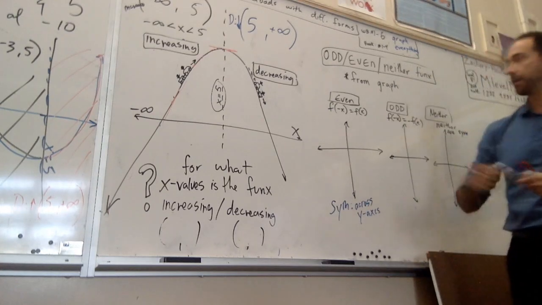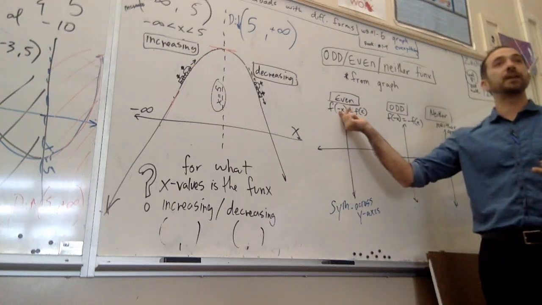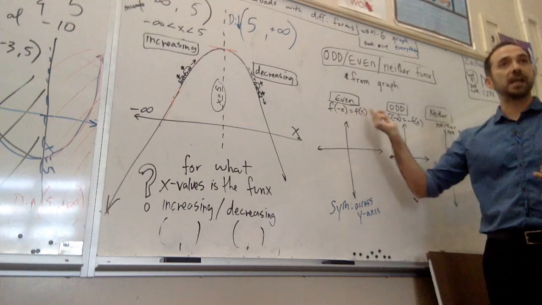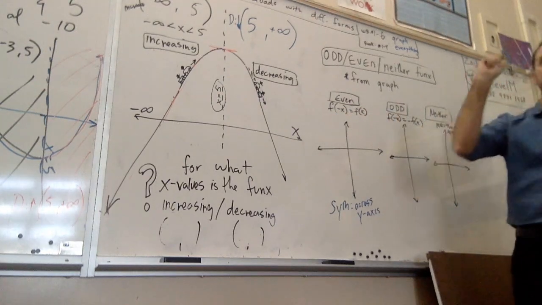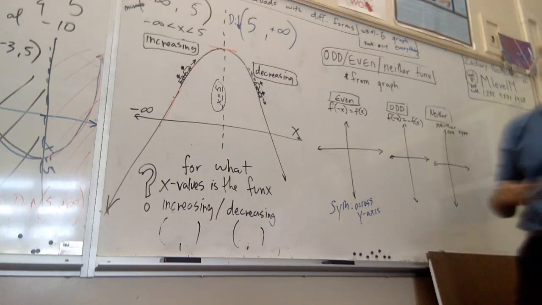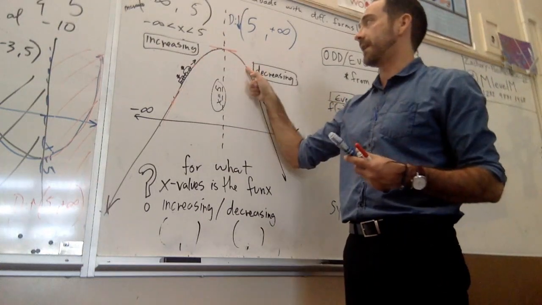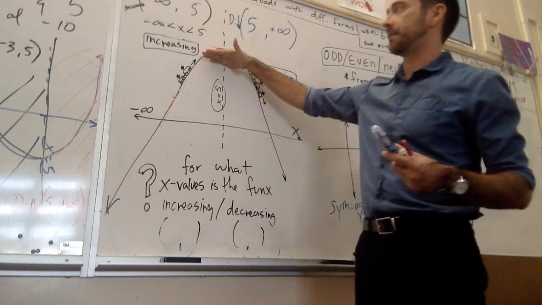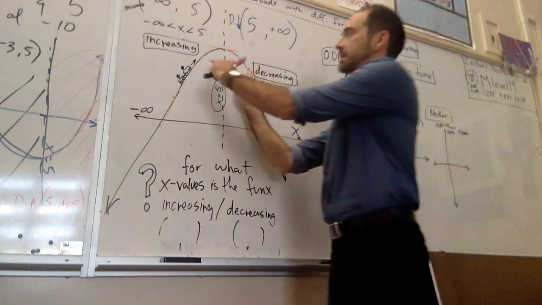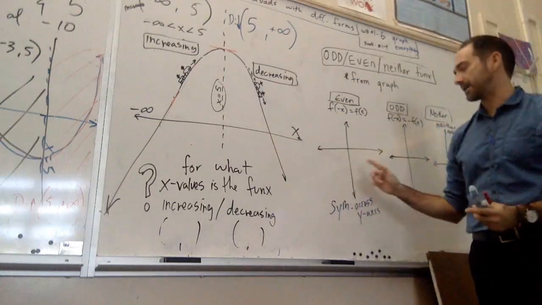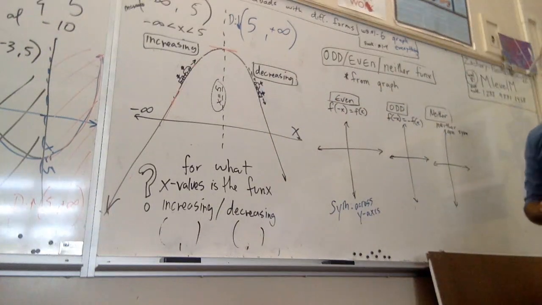You can see here, if I plug in negative x values for the function, and I plug in positive x values for the function, we get the same answer. Think of our parabola, right? If I put in the negative x value and the positive x value, I'm still at the same f of x value. I'm at even because it's the same distance from that center line. Now, if that was the y-axis, we would have symmetry across the y-axis.